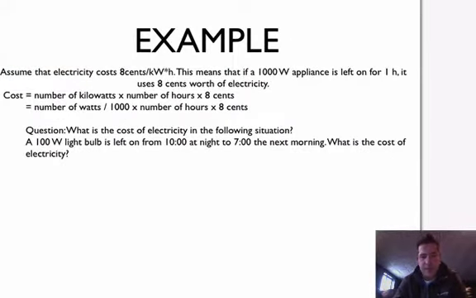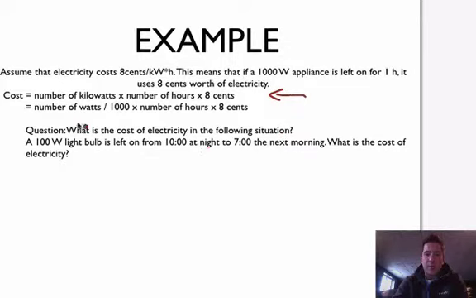So it says assume that electricity costs 8 cents per kilowatt hour, just as we showed in the last example. This means if a 1,000-watt appliance is left on for 1 hour, it uses 8 cents worth of electricity. So I'm just showing the formula right here that we'll be using. Cost equals the number of kilowatts times the number of hours times 8 cents.